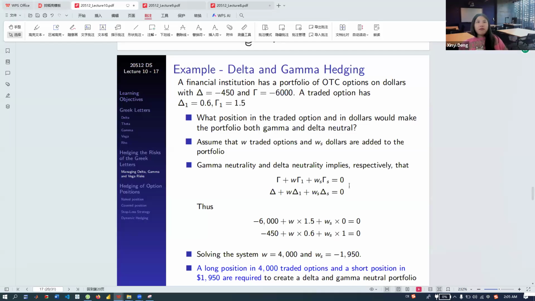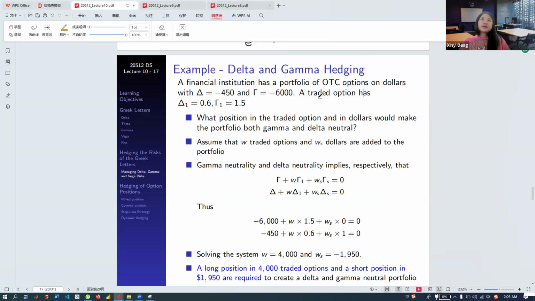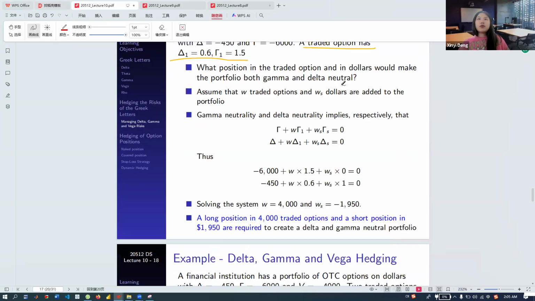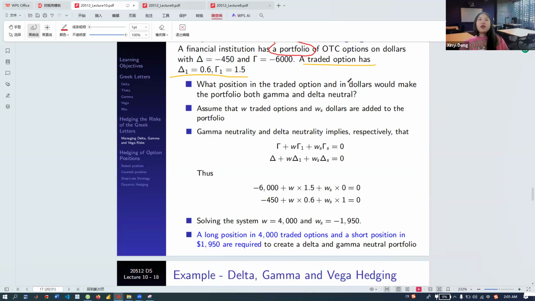So the question is asking what position we should take in this traded option in order to make our original portfolio of options delta neutral and gamma neutral.